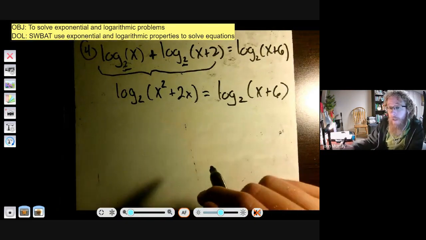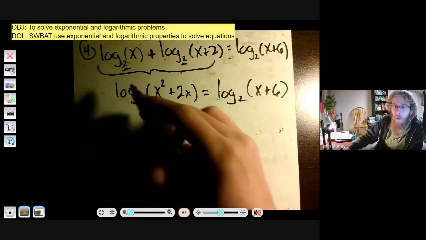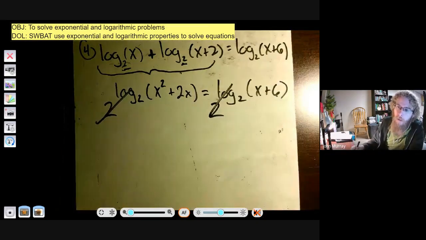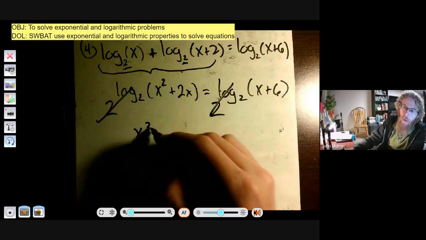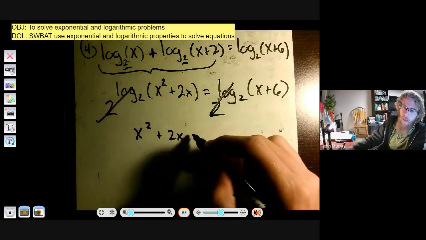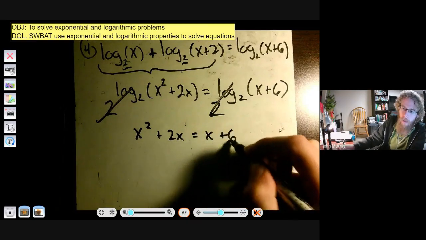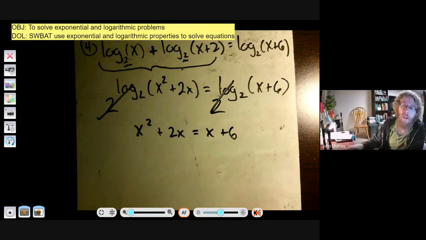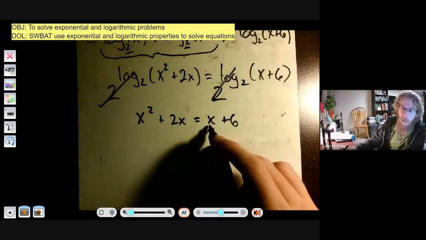Now that I have a single logarithm with base 2 on both sides, I exponentiate. And we're just looking at what's on the inside. It looks like I'm going to have a quadratic, so I want to get everything on one side and set it equal to 0.